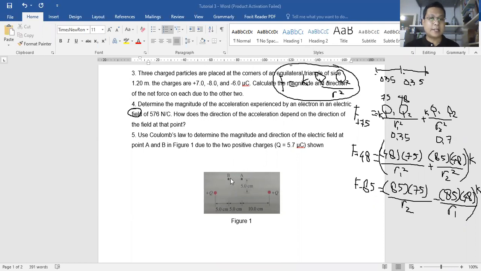So now you can calculate between the Q to points A and B. For number 5, you can calculate first by drawing within the Q.